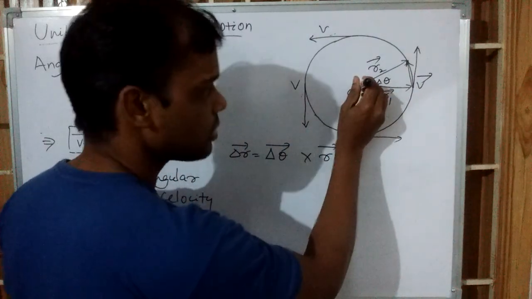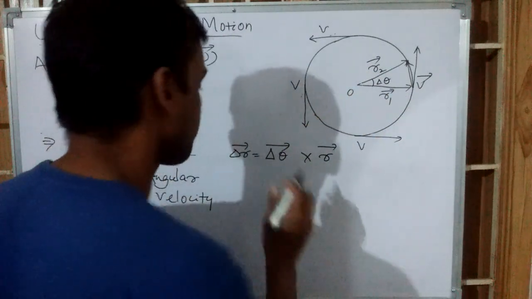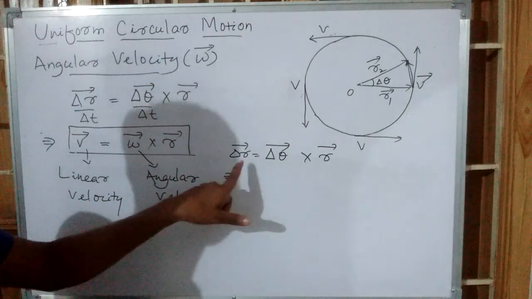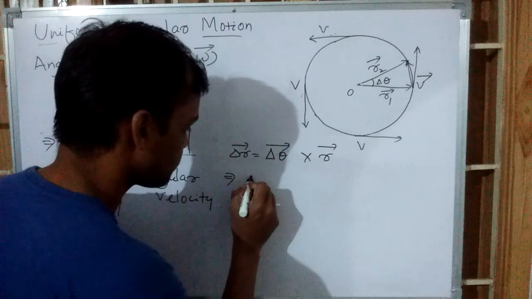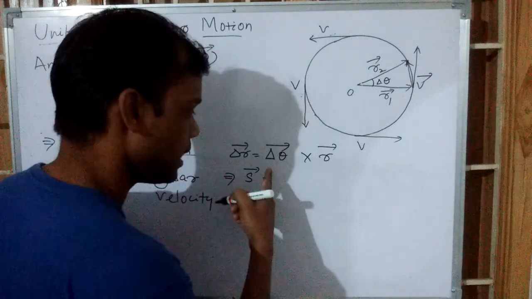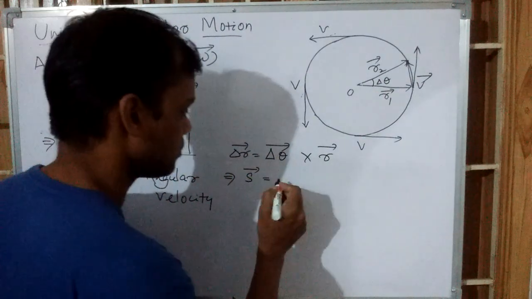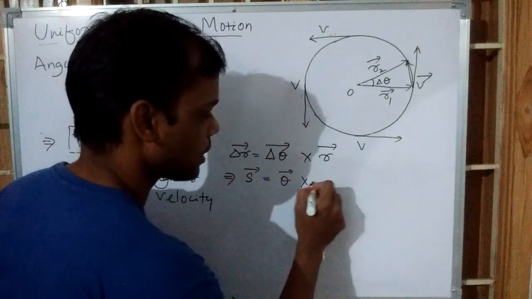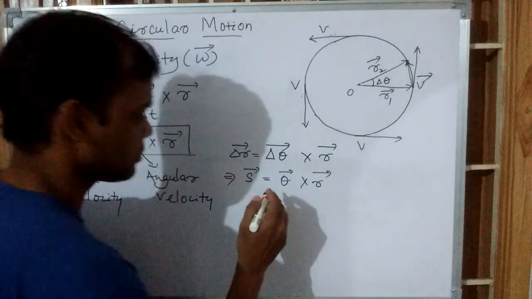Del theta is upward, r is in the x-axis, so the angle between them is 90 degrees. If I write del r, that is linear displacement, as s, I can write s is equal to, I can write del theta vector as theta vector also, cross r. I am using simple variables.